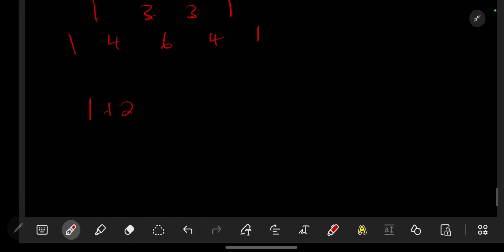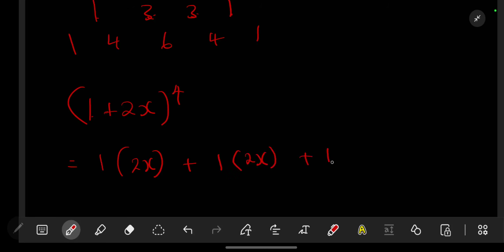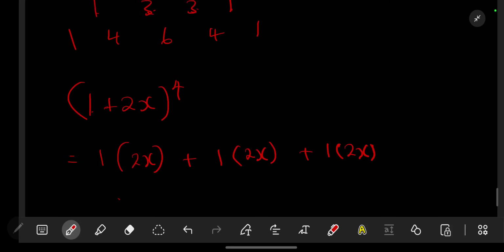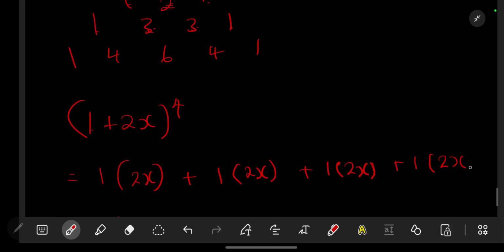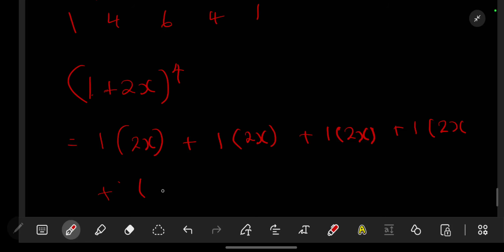So we have 1 plus 2x to the power of 4. Expanding this, we have 1 by 2x plus, so just write these. If you have the power 4, you will have 5 terms. So write these, repeat them 5 times, 1, 2x until 5 times. The power is 4, so move from 4, 3, 2, 1, 0.